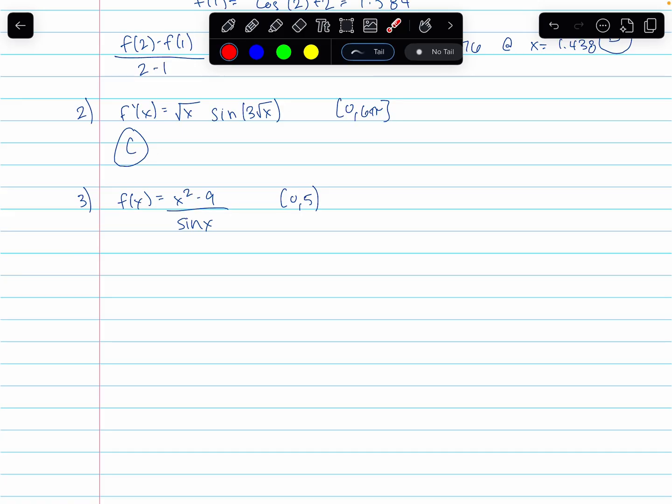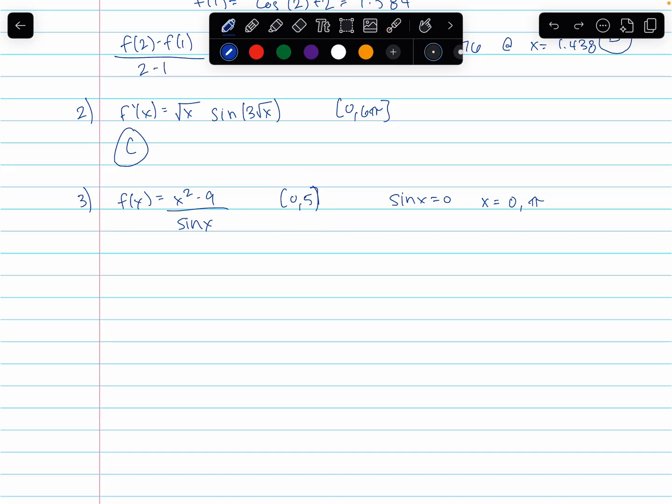Let's define where this function is not continuous. That's whenever sine of x is equal to 0. Sine of x is equal to 0 when x is equal to 0 itself, pi, and 2 pi, but 2 pi is not in this interval right here.